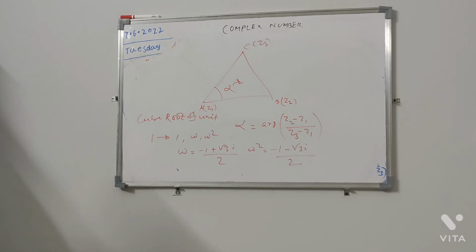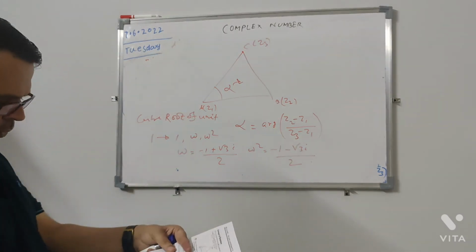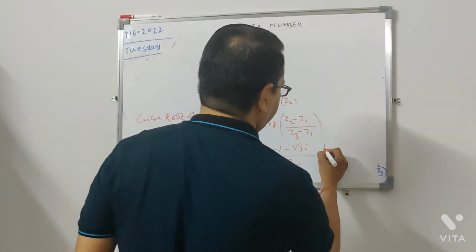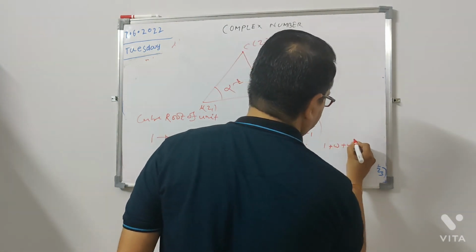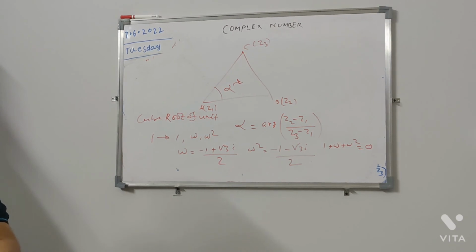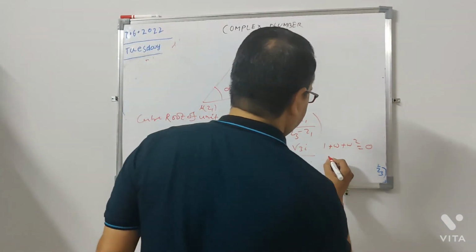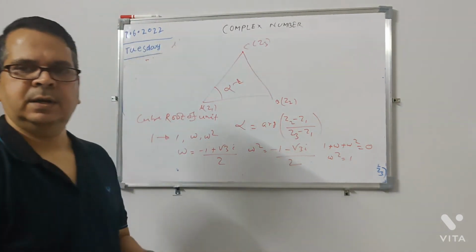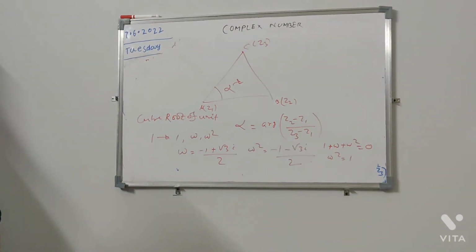And then the properties of cube roots of unity: 1 plus omega plus omega square is equal to 0. This is one property. Omega cube is equal to 1. That is another property. Then 1 plus omega to the power n plus omega to the power 2n is equal to 0 or 3.